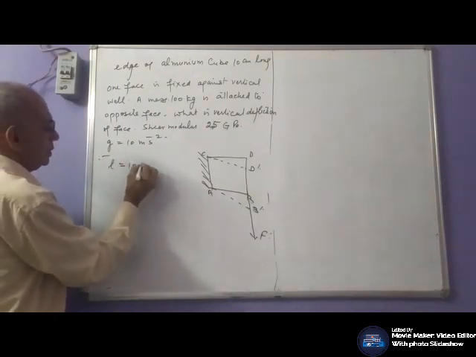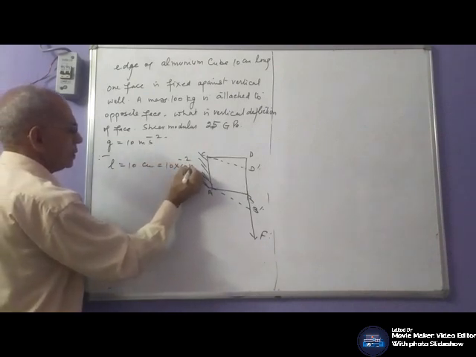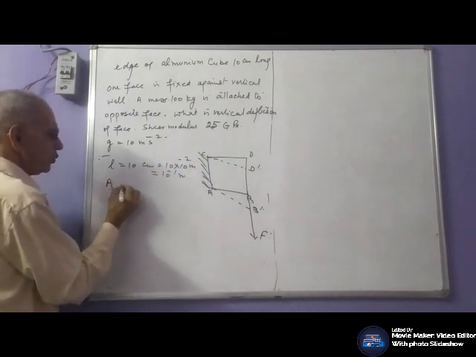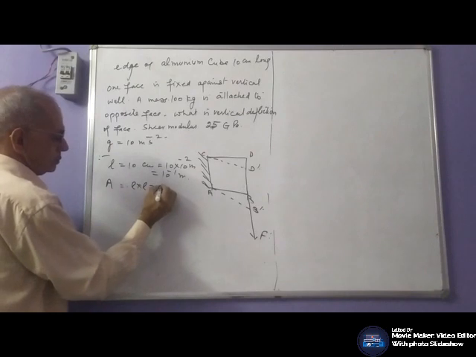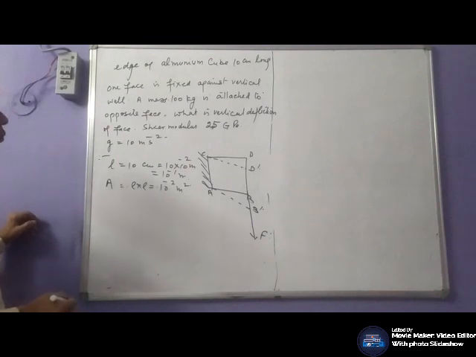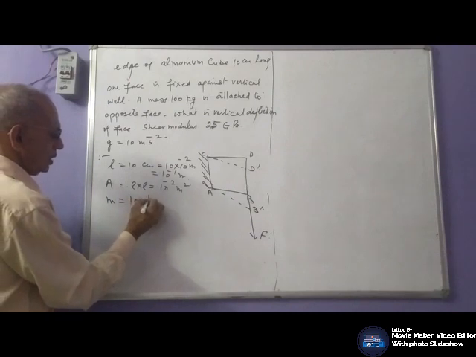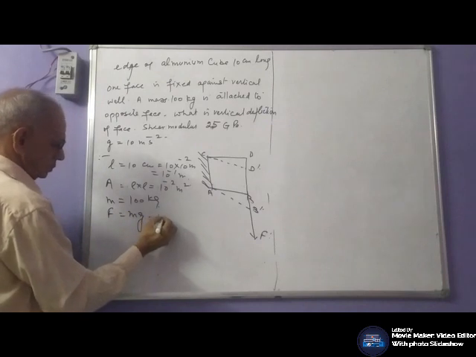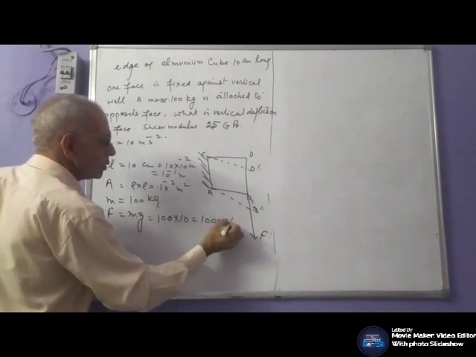Length 10 centimeter. Area on which force is acting, in meter square. Mass 100 kg, so force is mg, 1000 Newton.